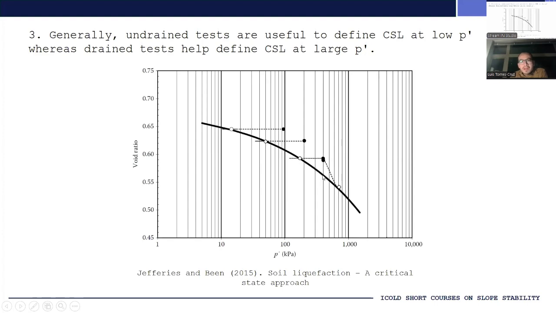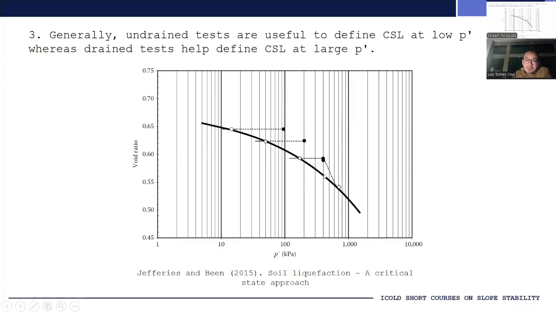It would be quite convenient if we had a test that reached a critical state at a P prime of, let's see, this is 100, 200, 300, 400 kilopascals. So what can you do to set up a test that will actually reach a critical state P prime of 400 kilopascals? To answer that type of question, you use a drained test, right?